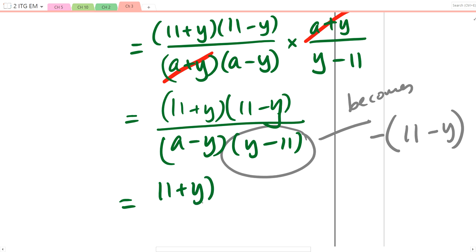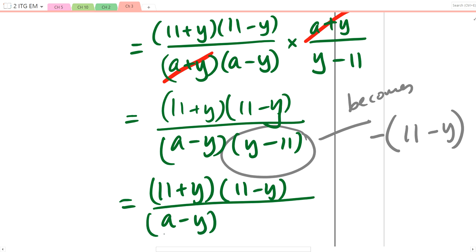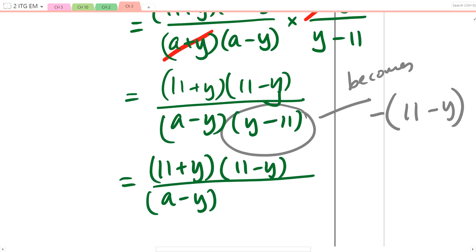11 plus y, 11 minus y, divided by a minus y. Oh yeah. So this part, I change it to negative. Pay very careful attention to how I write it. This now becomes negative 11 minus y. I put a bracket with a negative 1.